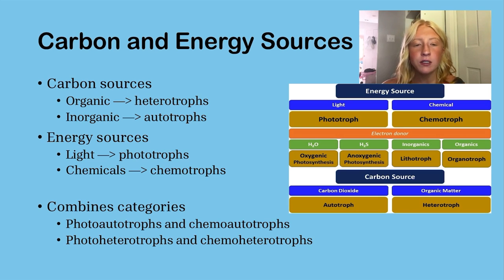So humans are chemoheterotrophs. They get their energy from chemicals and they depend on organic carbon. But there are also chemoautotrophs. These are like bacteria living in extreme environments. And photoautotrophs, these are like plants and algae. They use sunlight and carbon dioxide to live.